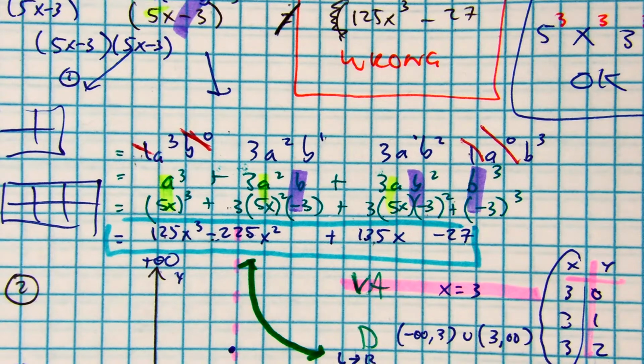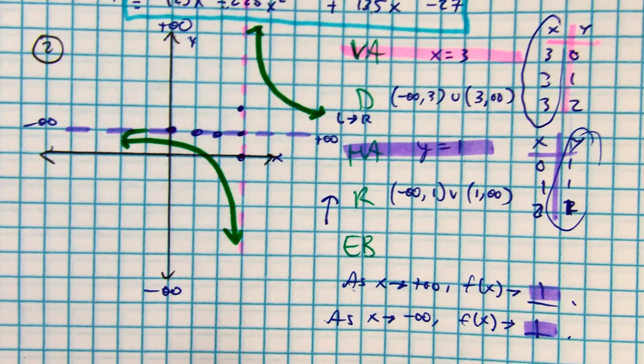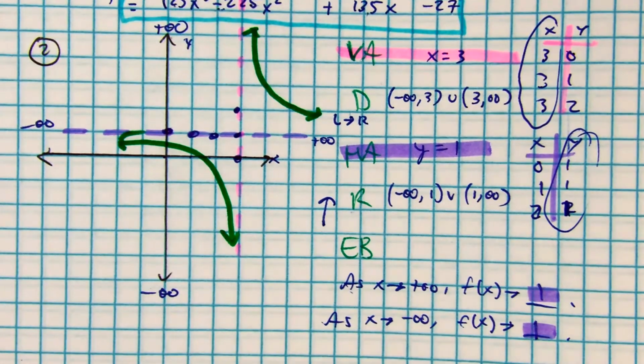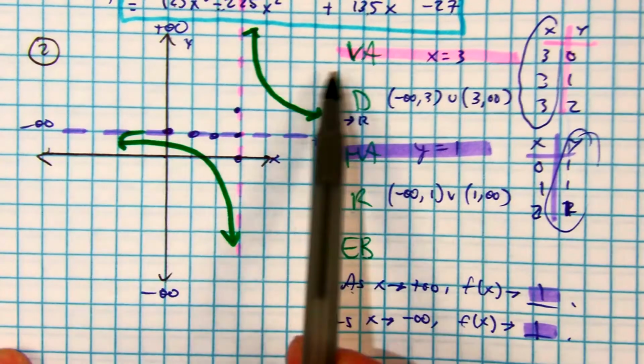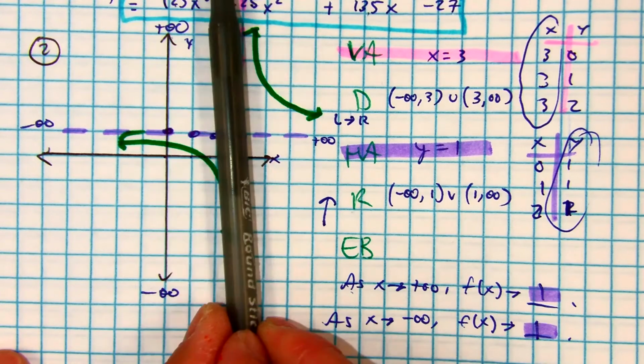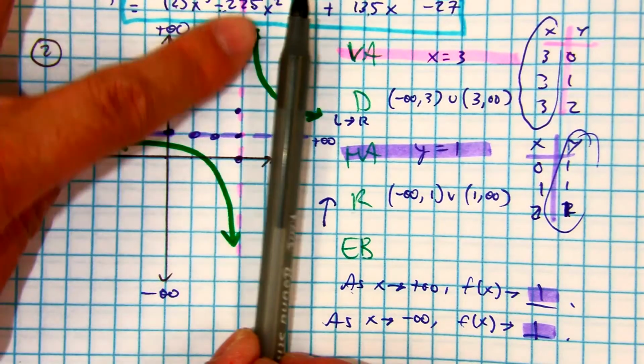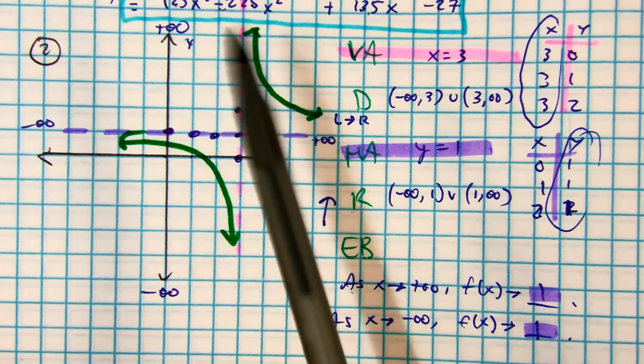Good. Question number 2. We've been learning about rational functions for the past couple of days. I asked you what the vertical asymptote is. You put a line that's vertical. There it is in pink, from the graph that you were given.